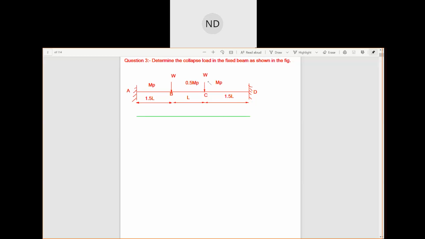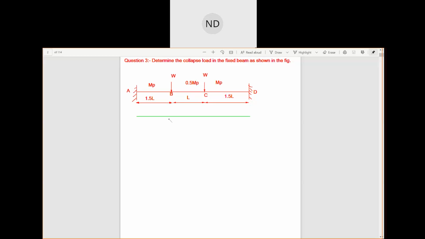Okay. Like before, when we had a point load at the center, the collapse was at the center deflection, but now it is under the point load. Here we have two different point loads at different points, so the deflected portion where the collapse may happen can be here and also here. First we'll see if the fixed beam is collapsing at this point load.